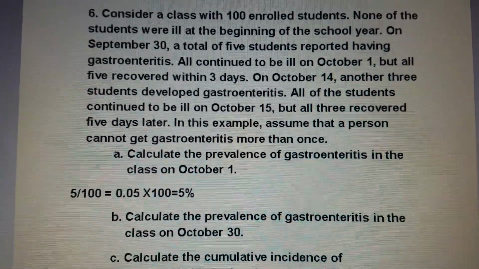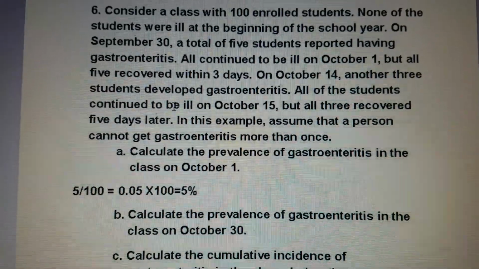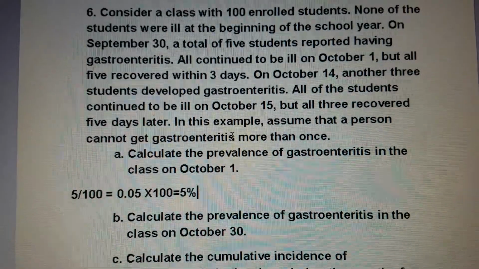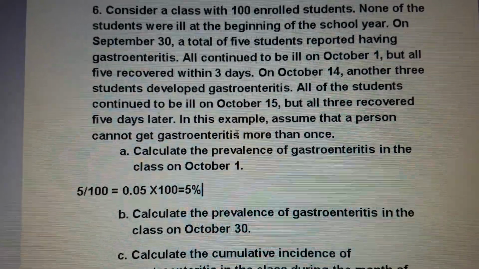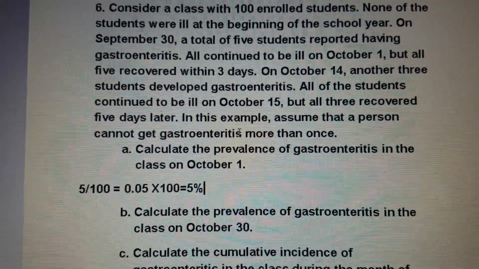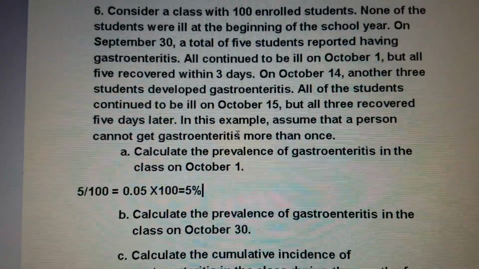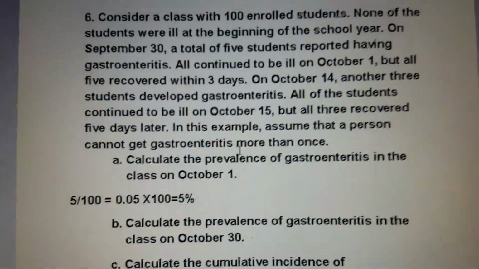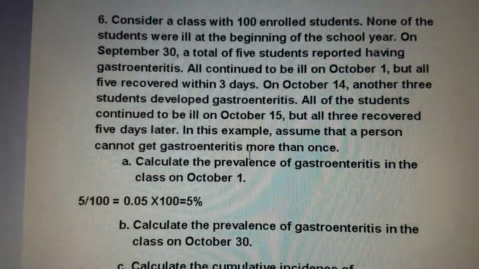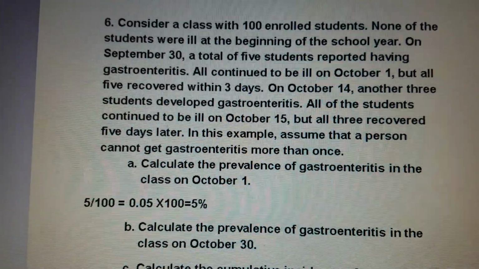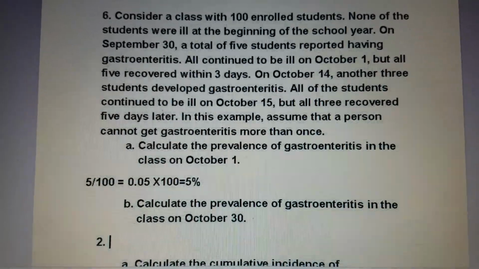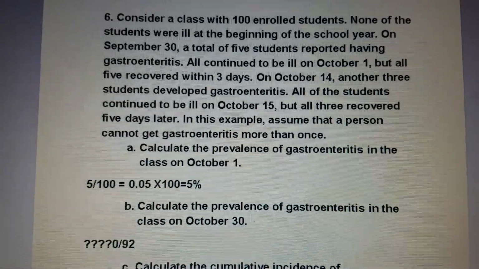Well, according to this scenario, everyone was already better on October 30th. So once they got better, we assume that they cannot get it again. I didn't know that one. Anyone, we're all here to help each other, so chime in. I put a big question mark on that one.